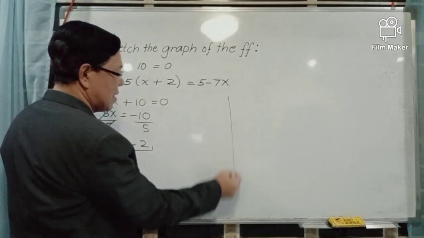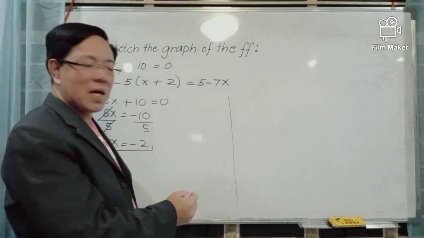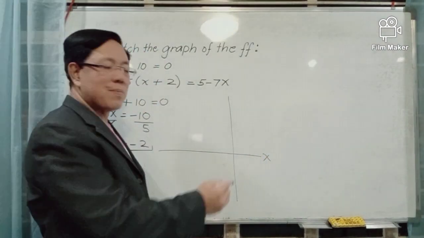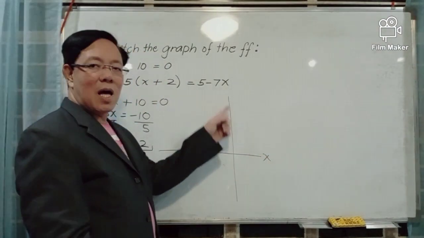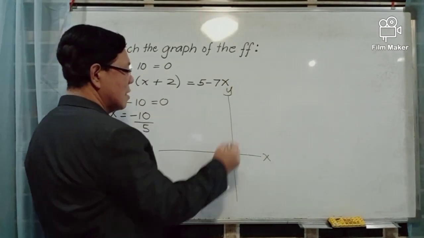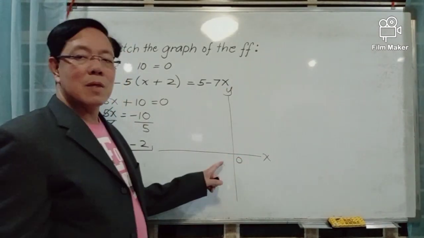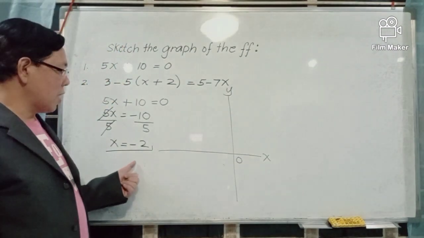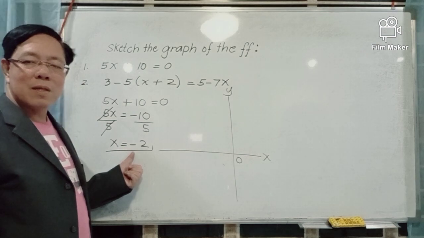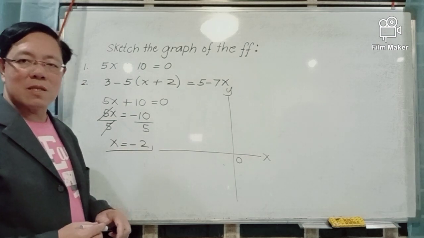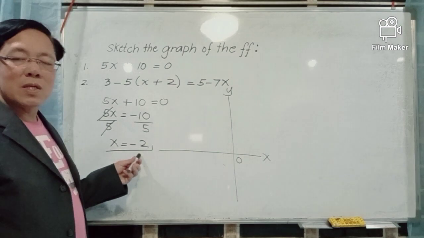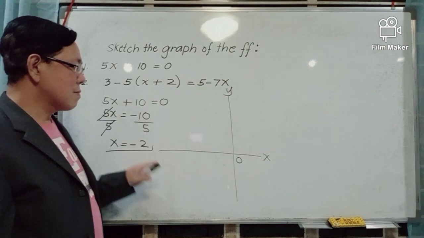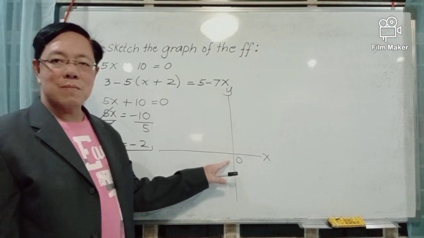The graph is drawn in the Cartesian plane with the horizontal axis denoted by x, the vertical axis denoted by y, and the intersection denoted by the point 0, called the origin. To sketch the graph, you start with the solution. Locate this point, negative 2, on the x-axis. To locate this point, you count 2 units from the origin.